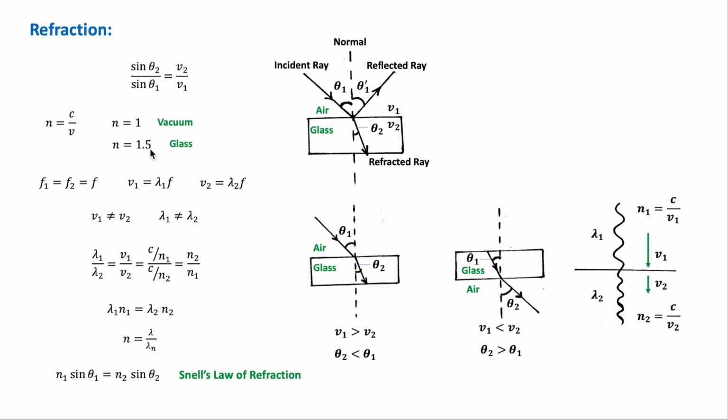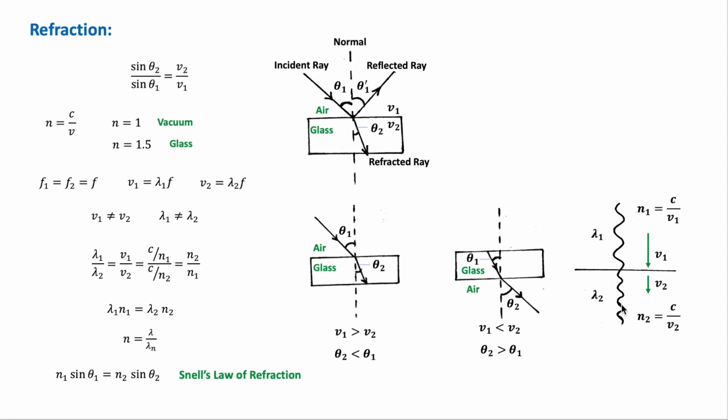One thing to note here is that as the wave travels from one medium to the other, its frequency does not change. So its frequency remains constant. This figure shows how the wavelength of light changes as it passes from one medium to the other.